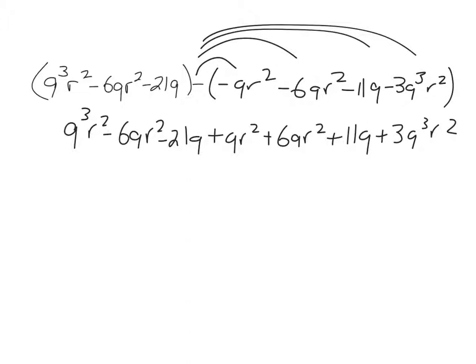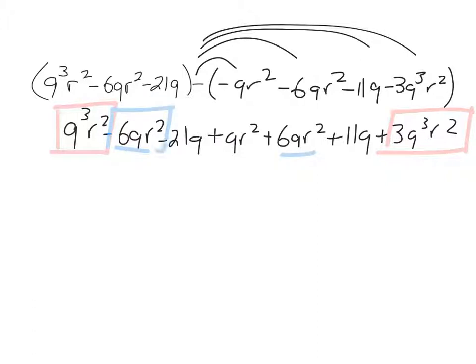Remember, they have to have the same variable or variables raised to the same power. So the first one in red here, we have to find any terms that have a q to the third r squared in them. And we do have a q to the third r squared over here. Now, over here and over here, we do have q and r, but they're not raised to the same exponent. Therefore, they're not the same as the ones in red.